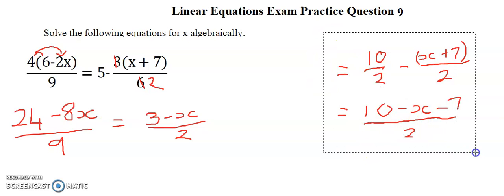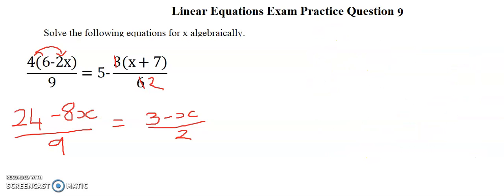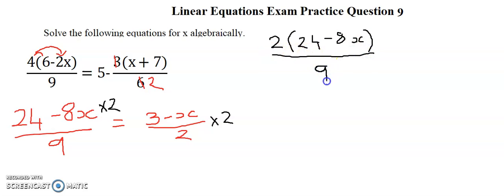So the next step that I would like to do now is I am going to times this side by 2 and this side by 2. And I'm doing it in smaller steps so you can understand why. That means I'm just going to rewrite this as 2 times 24 minus 8x over 9 is equal to, and timesing and dividing cancels out, 3 minus x.